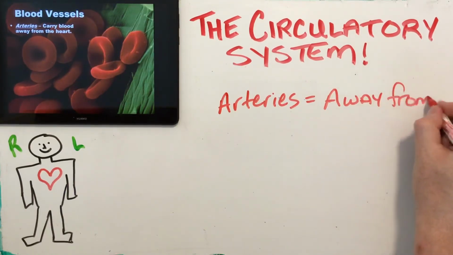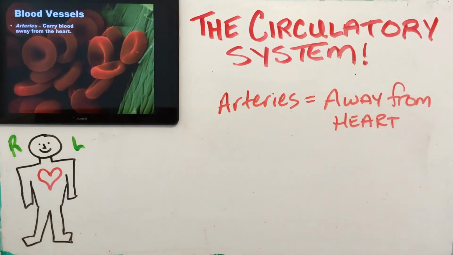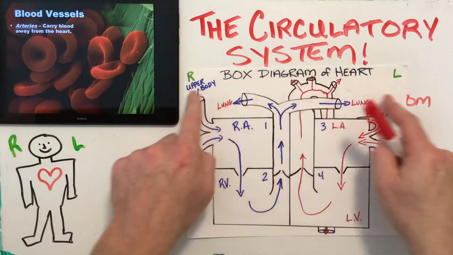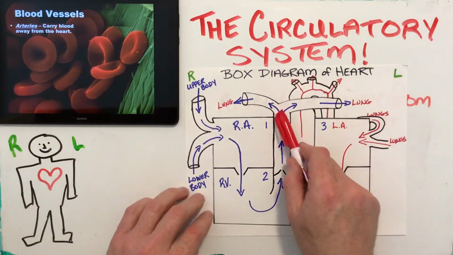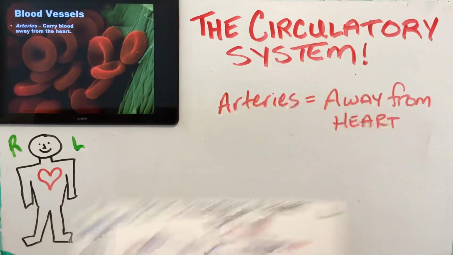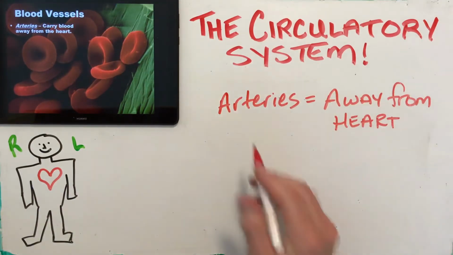There's a misconception that arteries carry oxygen-rich blood. That is not true. Our pulmonary artery, if you remember, our pulmonary artery is this thing here, and it's away from the heart out to the lungs.